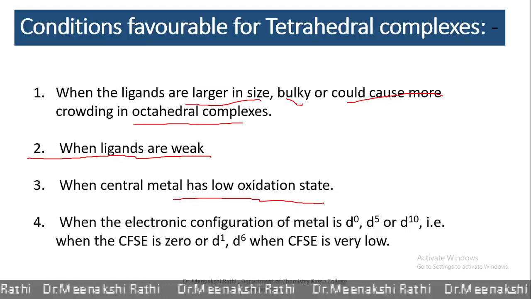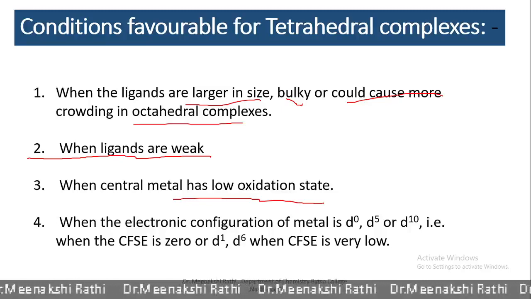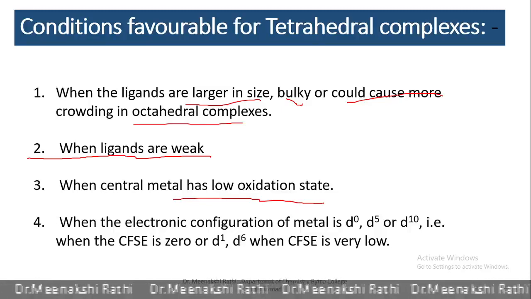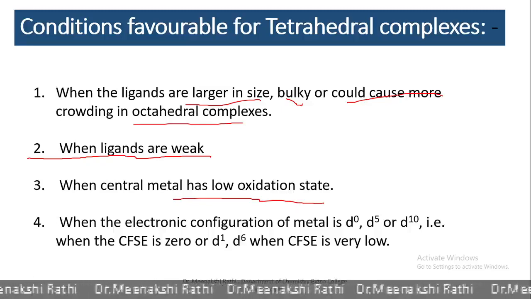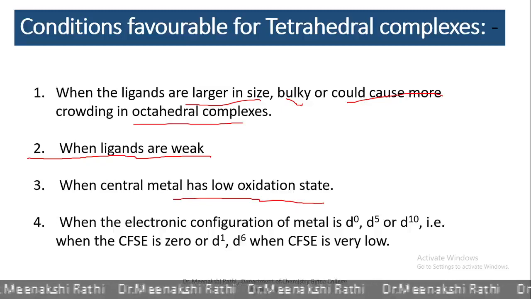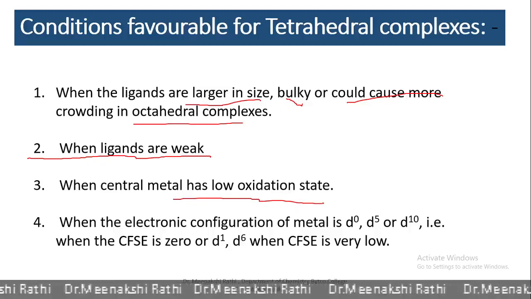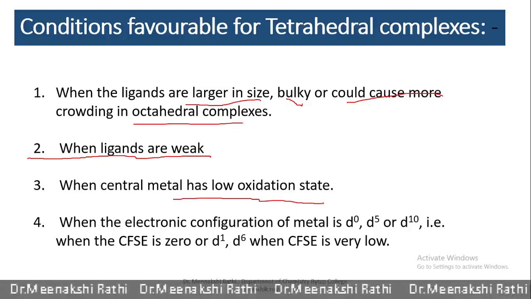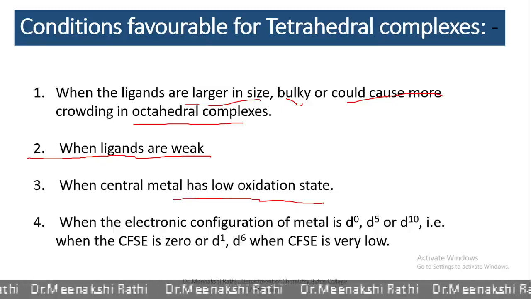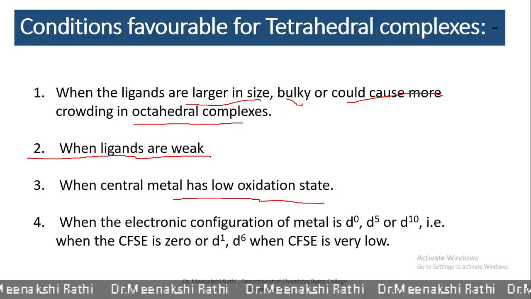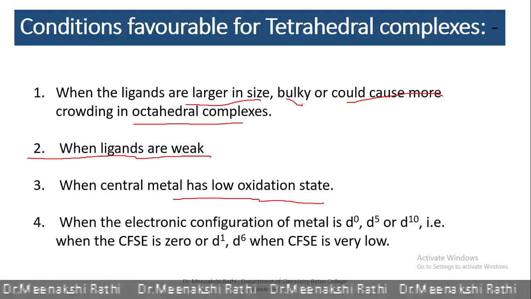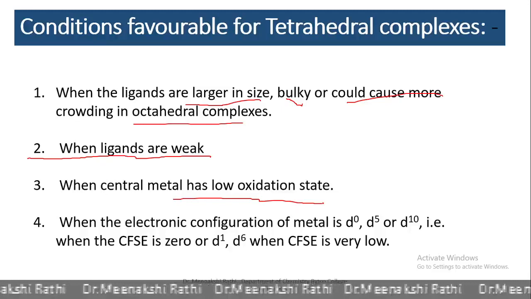And the fourth favorable condition for tetrahedral complexes is when the metal has an electronic configuration like d0, d5 or d10. That means an empty, half-filled or completely filled d orbital. In such cases, or when d1, that means one unpaired electron, the CFSE is low.